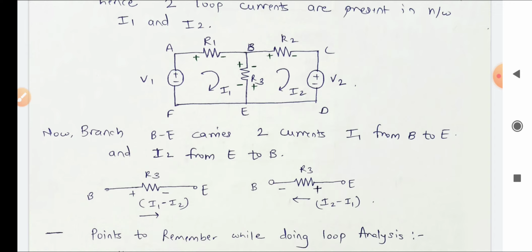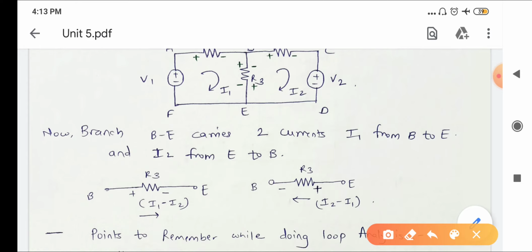So while writing the equation for loop 1, the total current flowing through the common branch BE will be I1 minus I2 for loop 1. As the current is flowing from B to E, B is marked as positive and E is marked as negative. So it is I1 minus I2 for loop 1.